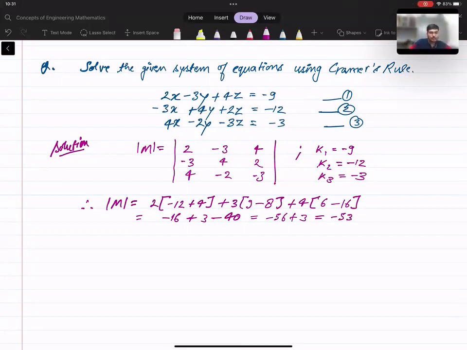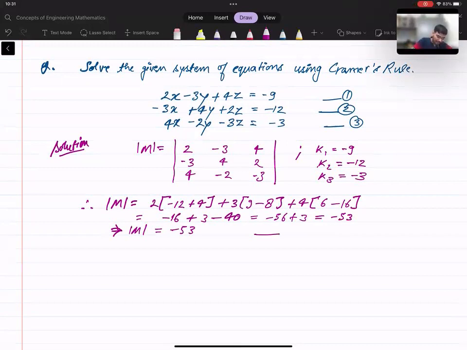Okay. So we have these values. Okay. Now let us see the values of these unknowns. How are they calculated? So we have determinant of m as minus 53.